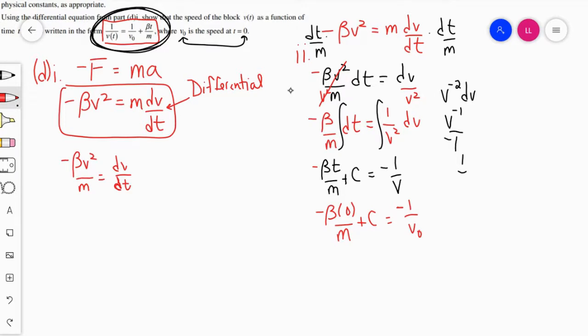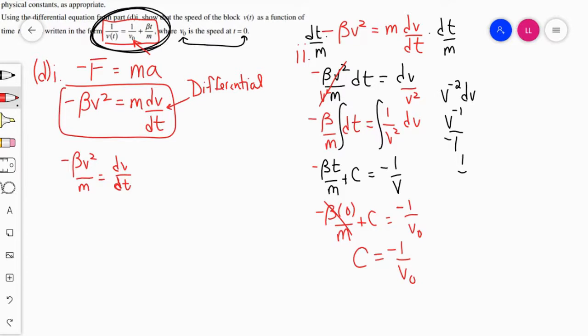That becomes negative beta. This is negative. Because c should be, okay, I got it. I know what we're going to do. So this ends up being 0. So c equals negative 1 over v0, which here's that signature right there.